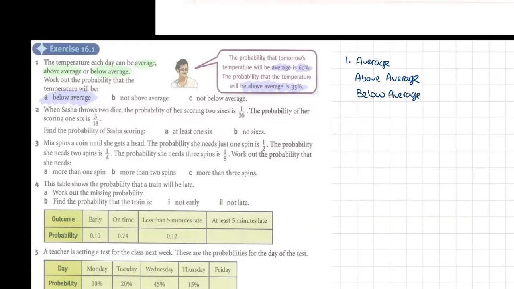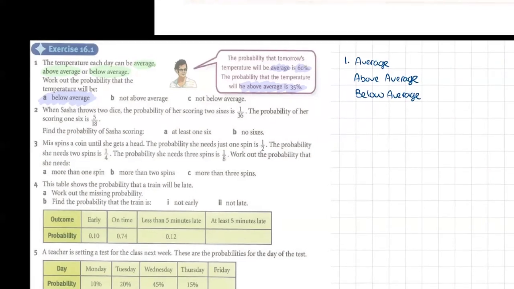So since they want us to find the probability of the temperature to be below average, they gave us average is at 60%, above average is 35%. What's left over, the 5%, would be below average. So this is what we're supposed to look for, because all of these percentages must add up to 100%, because that is one whole full probability.